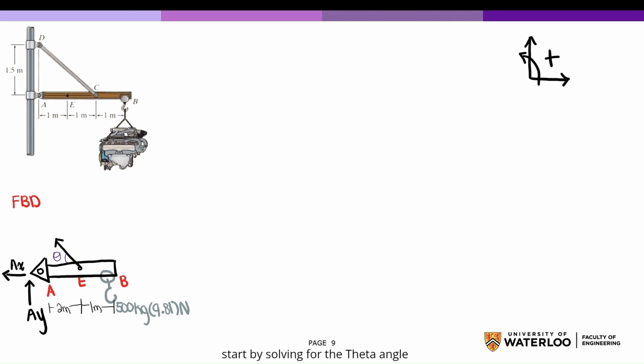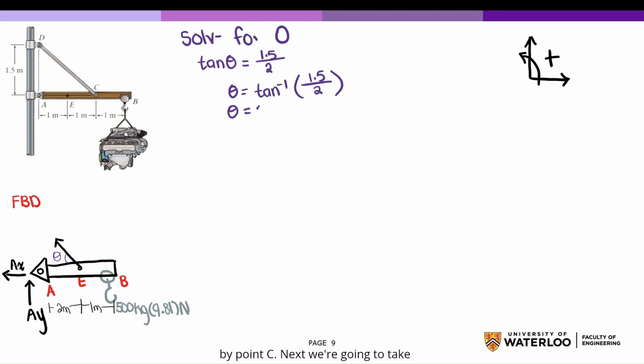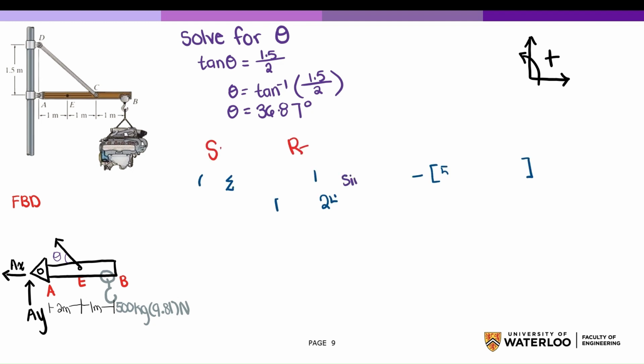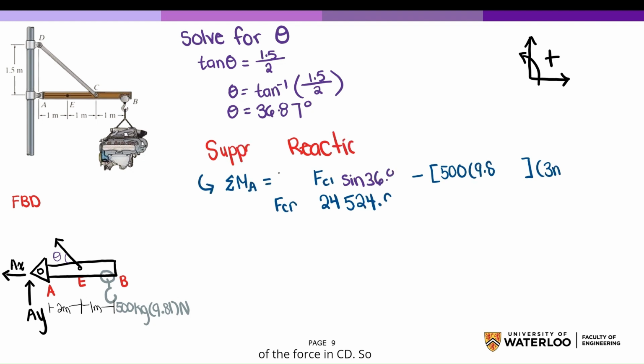So first we're going to start by solving for the theta angle at point C. Next we're going to take the summation of moments about point A, which solves for our two-force member, the force in CD.